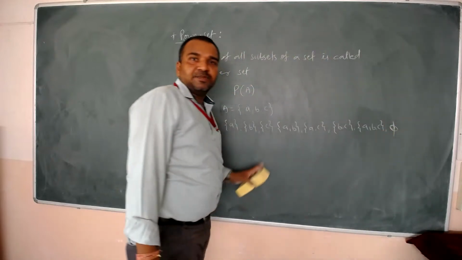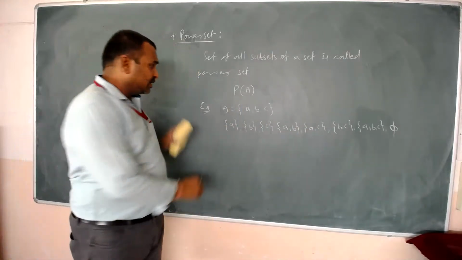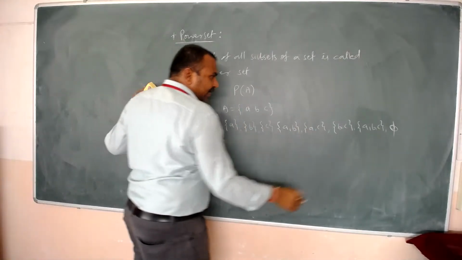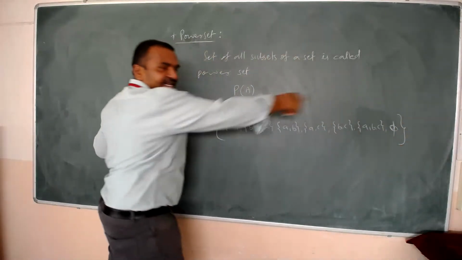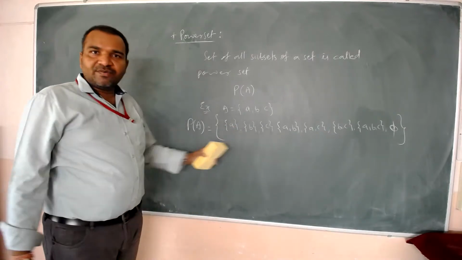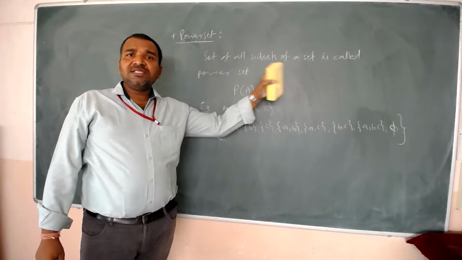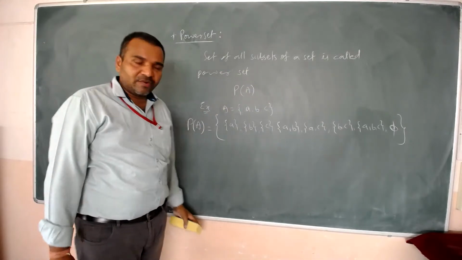We have to write all the subsets in the form of a set. So we have to write all the sets in a set. This set is called the power set of A. Power set definition is set of all subsets of a set.